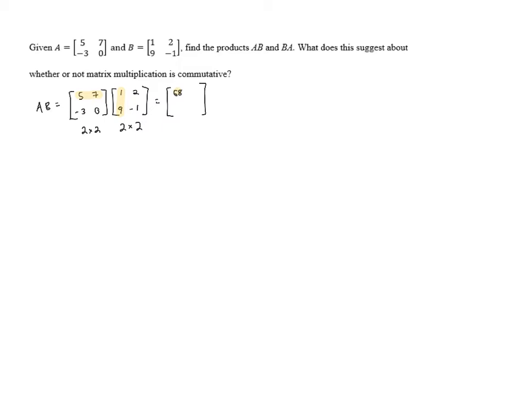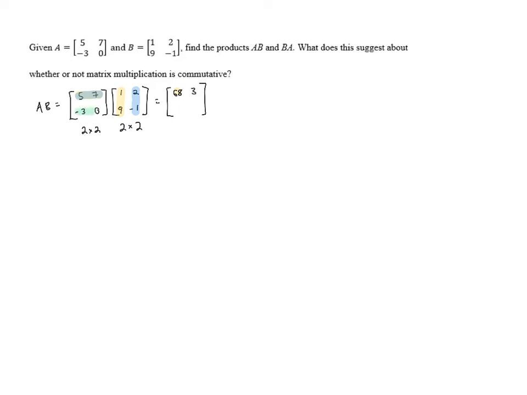Next, we need to take the first row times the second column. 5 times 2 is 10, and 7 times -1 is -7, and 10 plus -7 gives us 3. So that is the next entry.